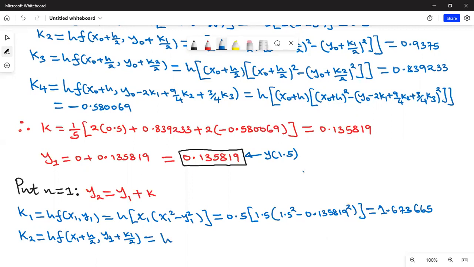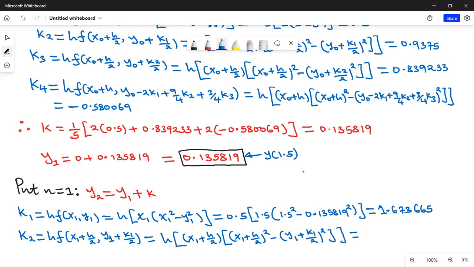And so this will give you h times x1 plus h over 2 times another x1 plus h over 2, and this is squared, minus y1 plus k1 over 2, this is also squared.